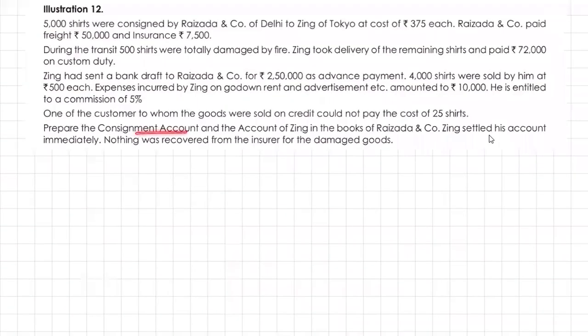Prepare consignment account and account of Zing in the books of Raizada and Company. Zing settled his account immediately. Nothing was recovered from the insurer for the damaged goods. So these 500 shirts which were damaged, nothing was recovered. Straightforward, simple question.